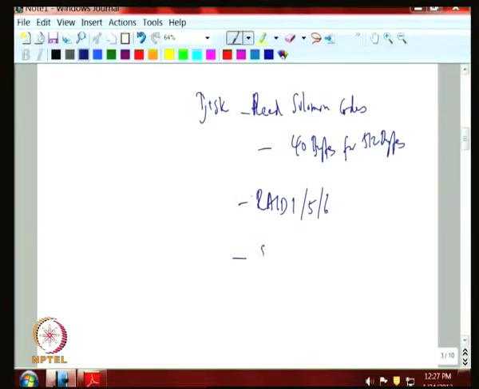In addition to this, you have scrubbing. So, you do lots of these things, then there is some chance that the data will actually be there when you want it.